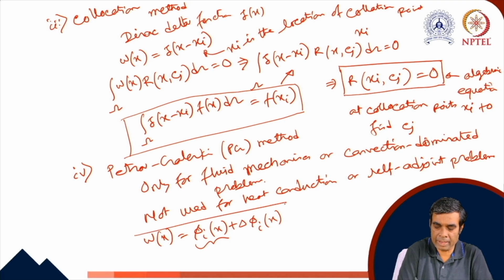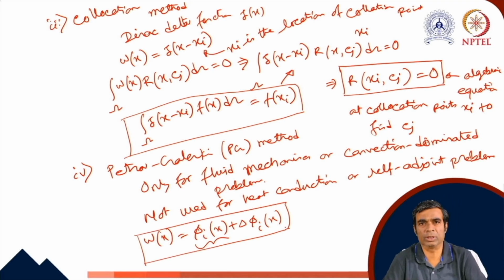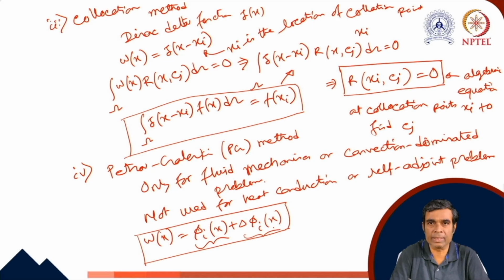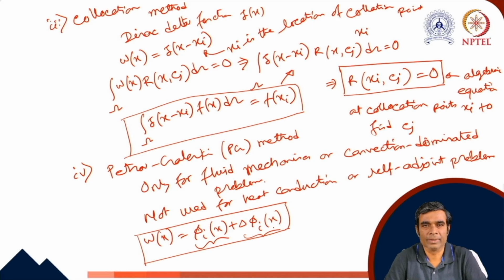So in the Petrov-Galerkin formulation, the weight function and the approximate function do not come from the same vector space, or the bases for the weight function and the approximate function are different. This perturbation term helps us to consider the direction of the fluid flow. Now we shall show all these four methods for a particular problem that we have already solved for the Rayleigh-Ritz problem.